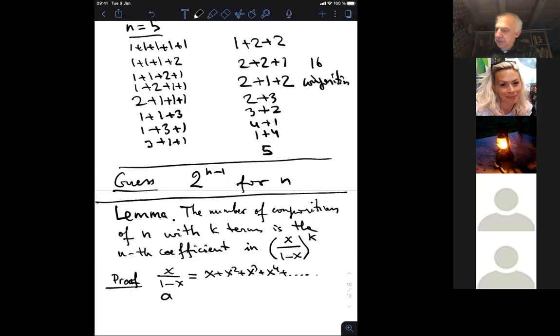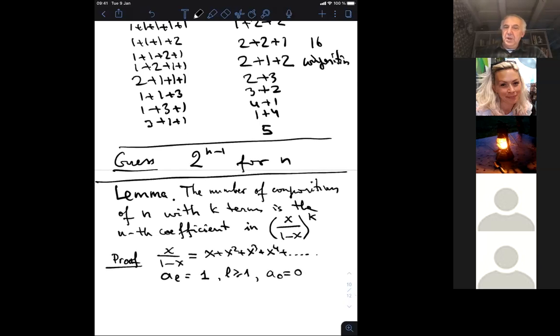In other words, a_L equals 1 for L bigger or equal than 1, and a_0 is 0. So x divided by 1 minus x is the generating series for the sequence 0 and all ones.